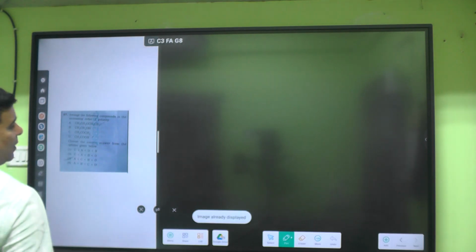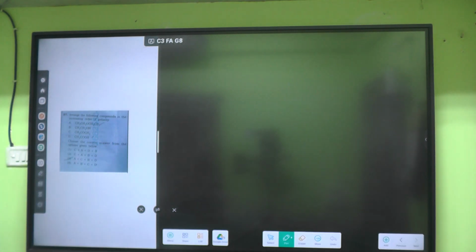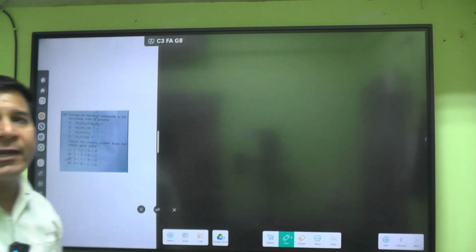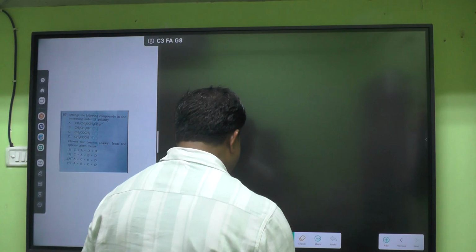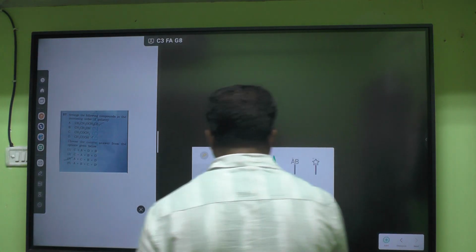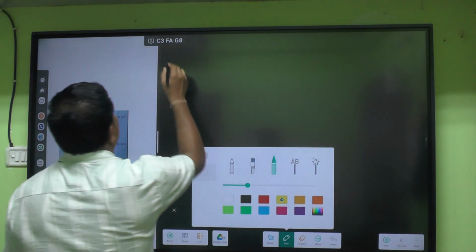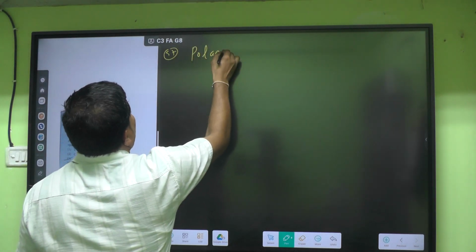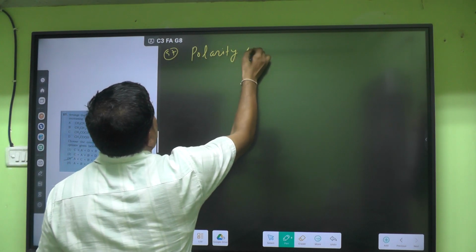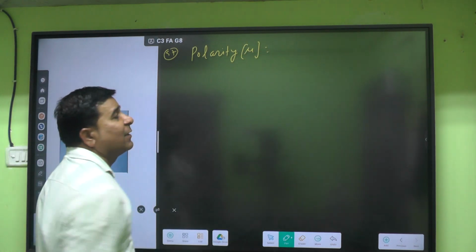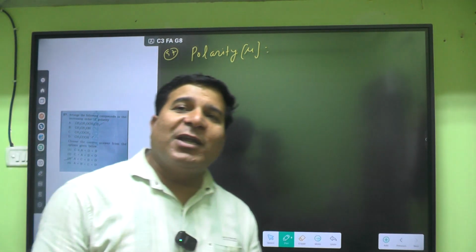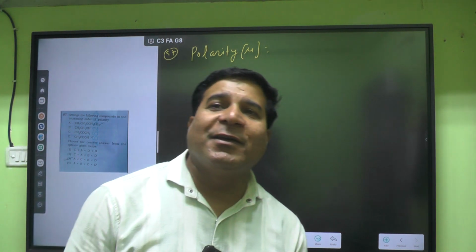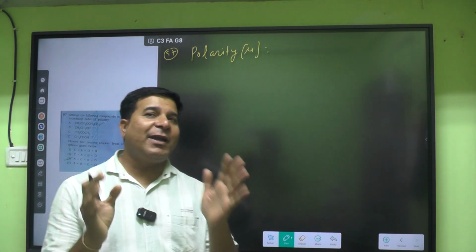So the question asks: which of the following is in increasing order of polarity? Do you know what polarity is? Remember, polarity is defined by the measurement of dipole moment, because dipole moment defines the polarity of any molecule.